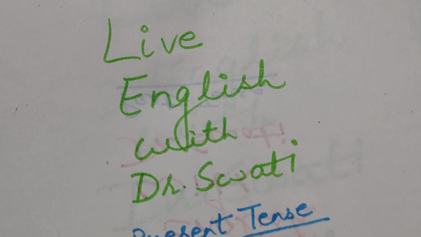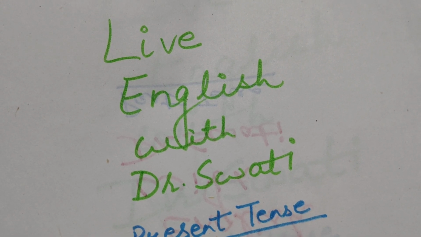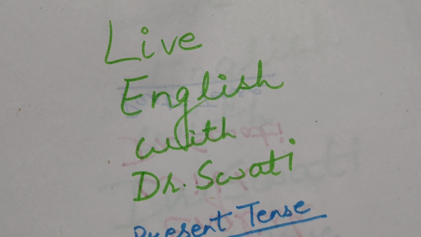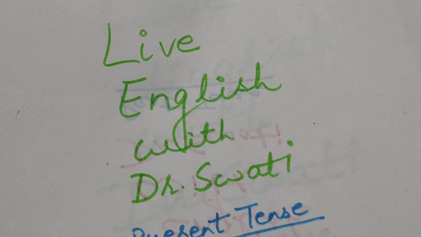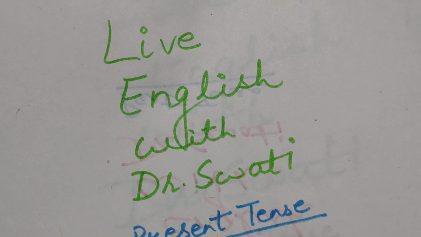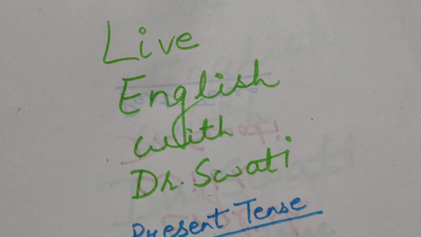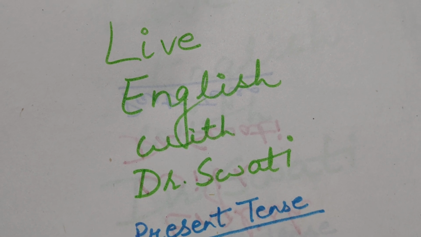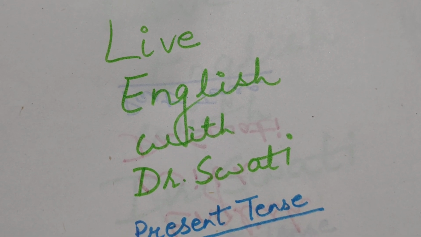In the same way, when you are going to express some past action like something which has just taken place, Mr. Hari has been to Japan. Now Mr. Hari has been to Japan. So right now, just now, he has been to Japan.